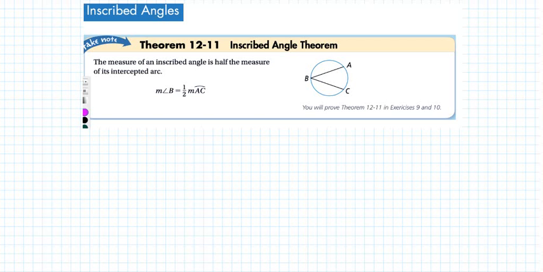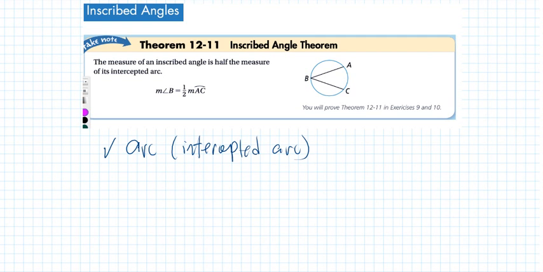We're talking about the relationship of the arc, the intercepted arc, and the inscribed angle.